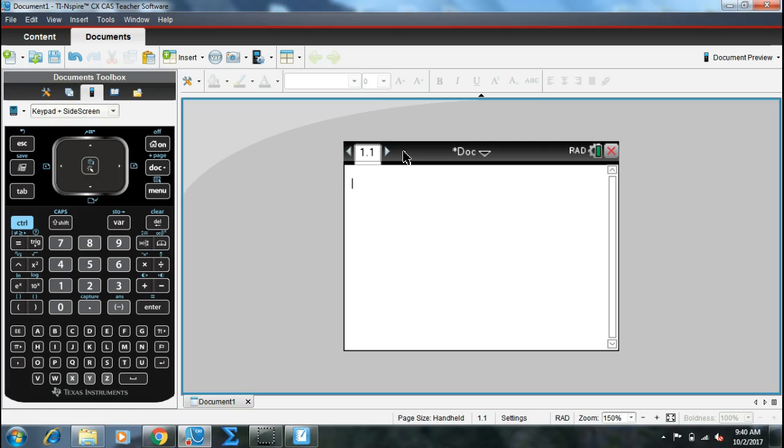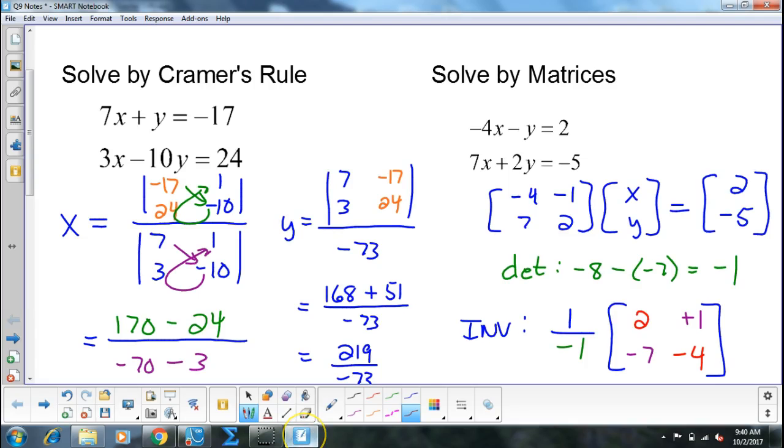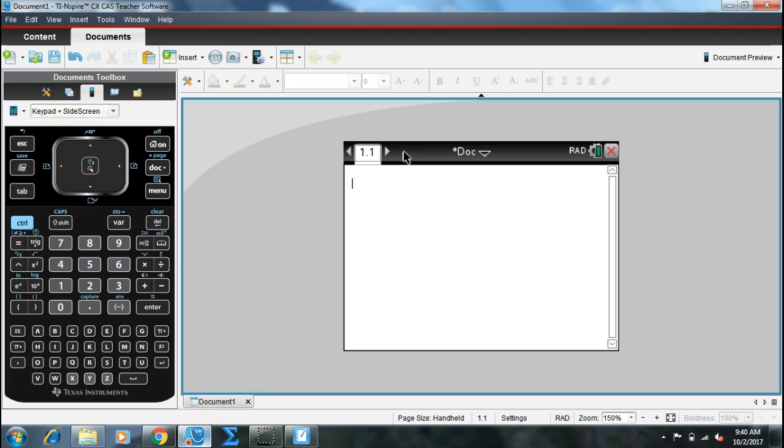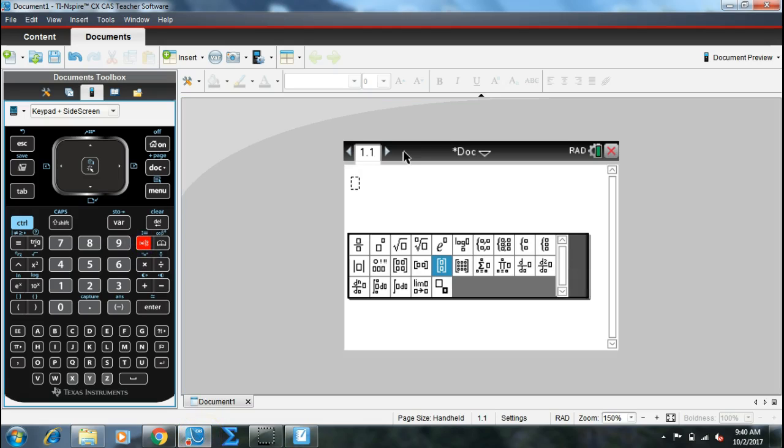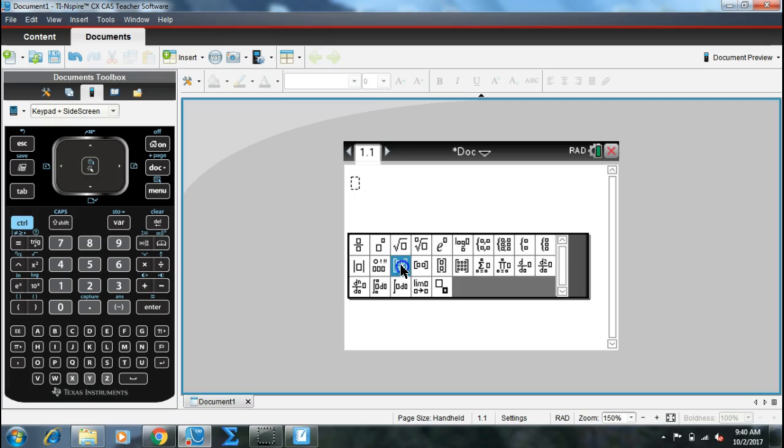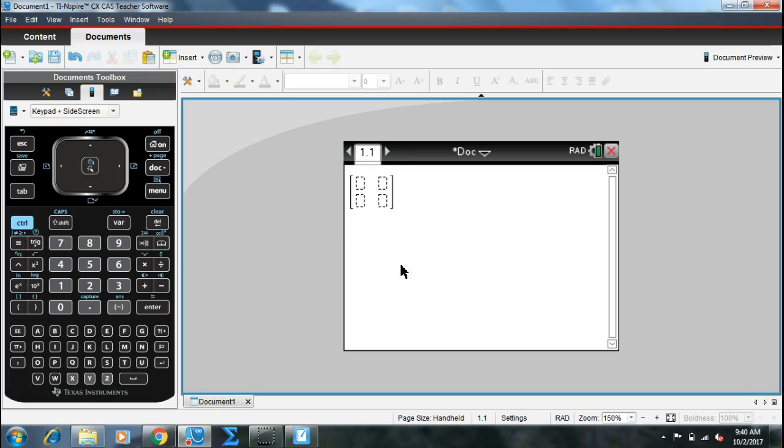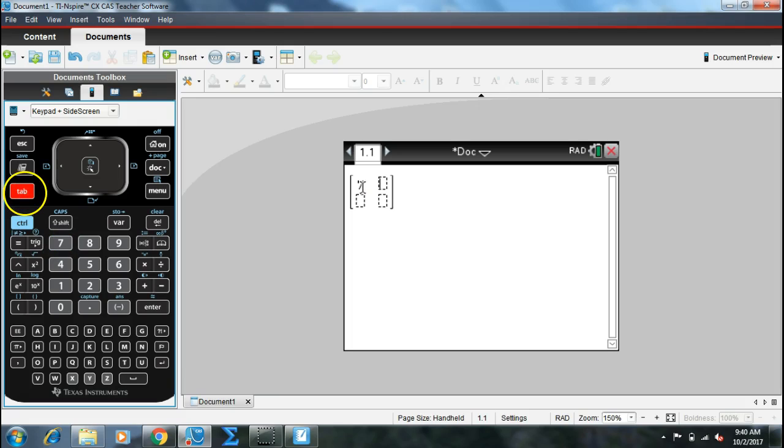Now, my first one, the way we did Cramer's rule, was the 7x plus y equals negative 17 one. So on the calculator, I am going to input a 2 by 2 matrix. And that's going to be my coefficient matrix: 7, 1, 3, negative 10.